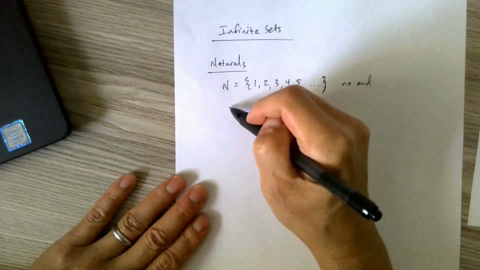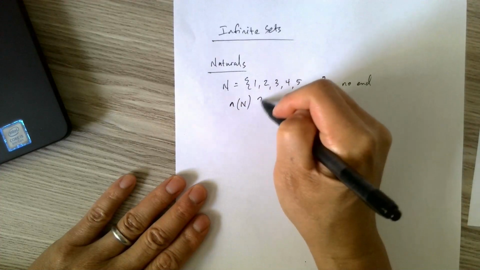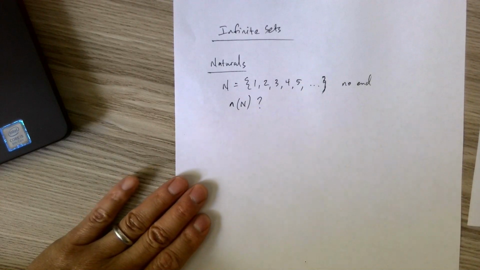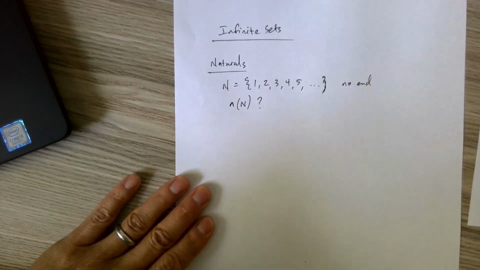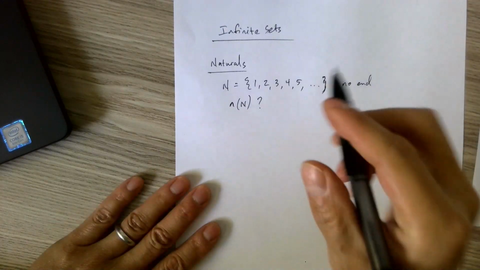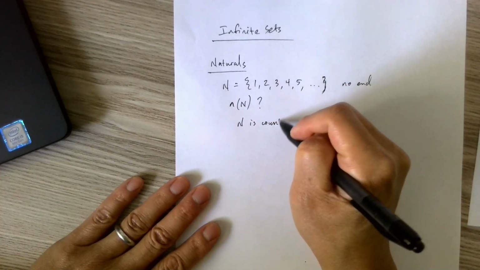Now, the question before us is, what is the cardinality of N? Well, it's infinite, so maybe it has no cardinality. But even if it had no cardinality, you could at least call N countable.